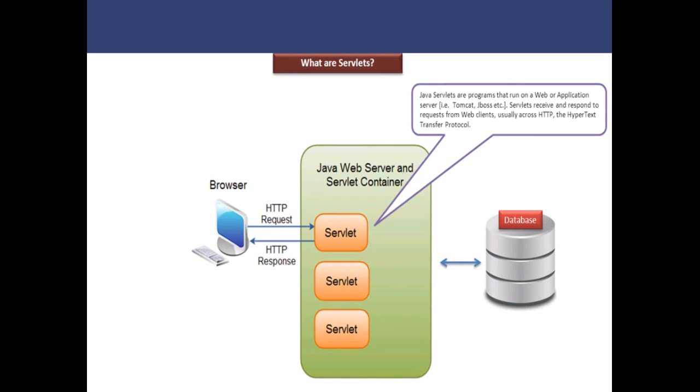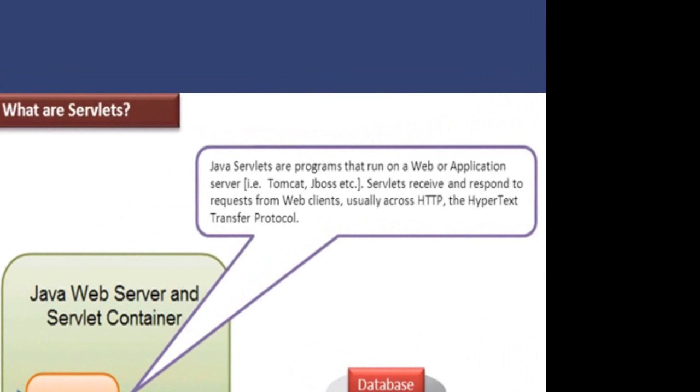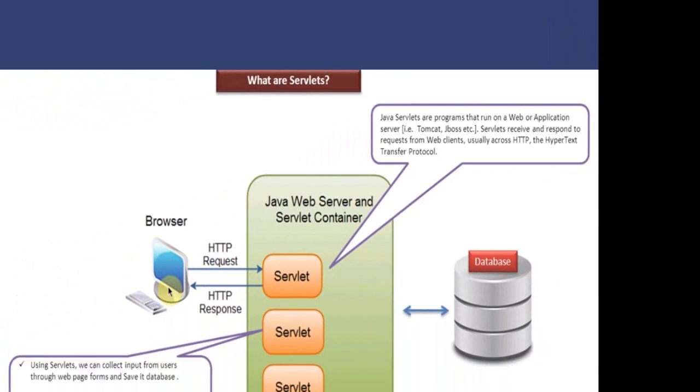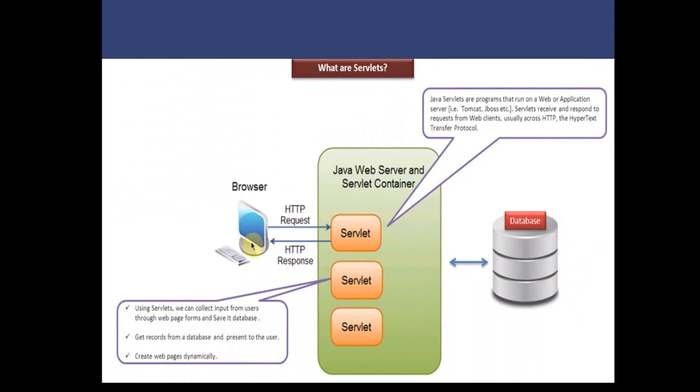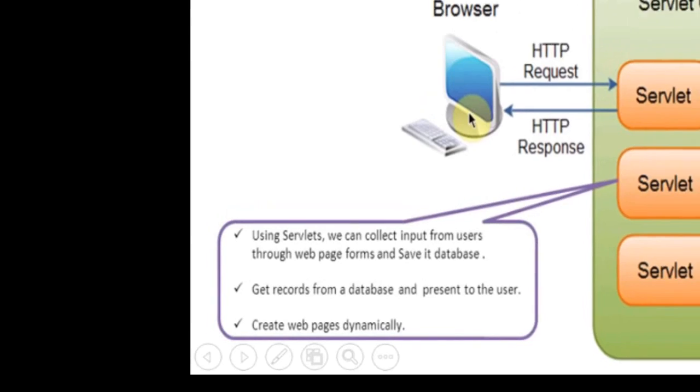This is how a servlet works. A servlet can collect input from the user using a web page form, and also get information from the database and present that information to the web browser. Using a servlet we can create a page dynamically. The servlet acts as a middle layer between the client and the database.